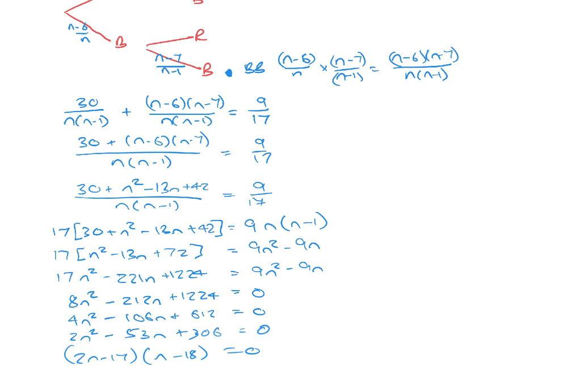With the quadratic formula then, remember it has to be in the form of an squared plus bn plus c. So here I have a equal to 2, b equal to minus 53, and c is equal to 306. So putting it into the quadratic formula, n is equal to minus b, so minus 53, plus or minus the root of minus 53 squared, and make sure you put the minus 53 in brackets, minus 4 multiplied by a, which is 2, times c, which is 306, all over 2 times 2.